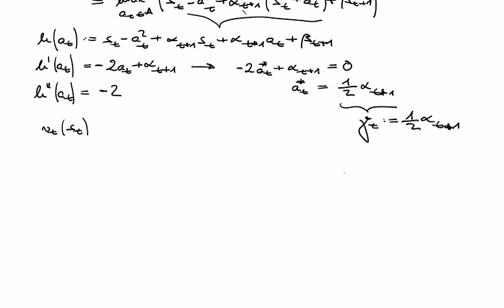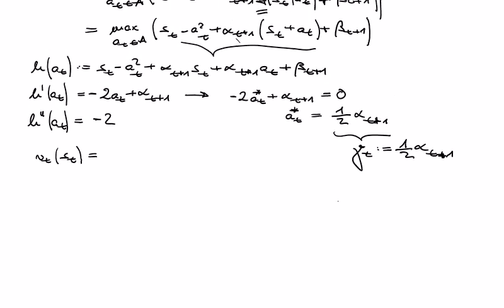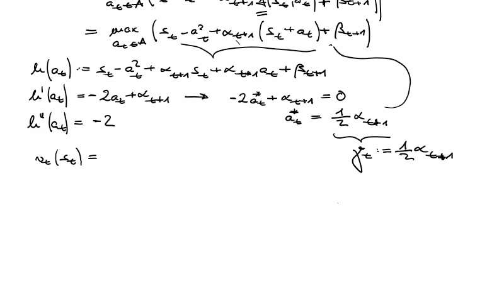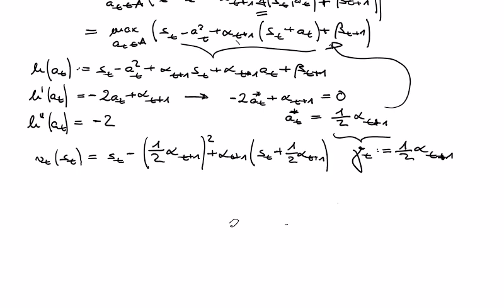So if we substitute this solution into this, because we now found the optimal action, the argument that maximizes this, then we get s_t minus 1/2 alpha t plus 1 squared plus alpha t plus 1 times s_t plus 1/2 alpha t plus 1, plus beta t plus 1.